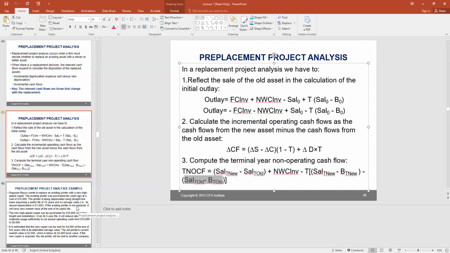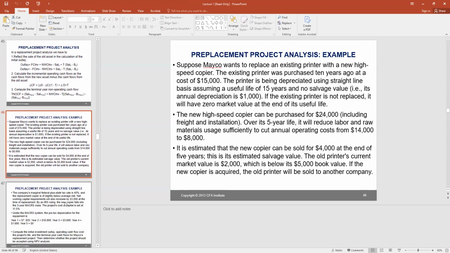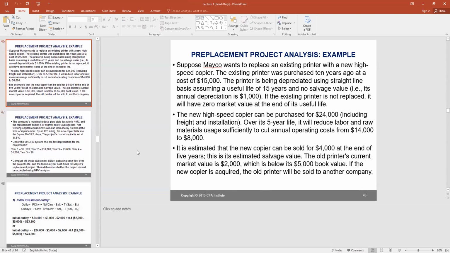Okay, let's go with the example here with the replacement. Suppose Michael would like to replace the existing printer with a new high-speed copier. The existing printer was purchased 10 years ago at a cost of $15,000.